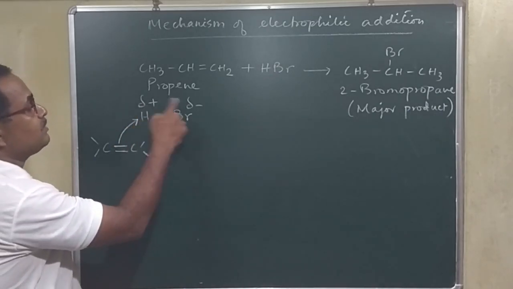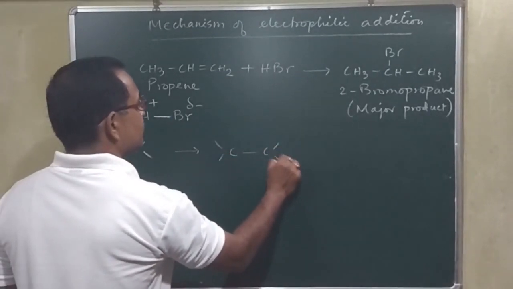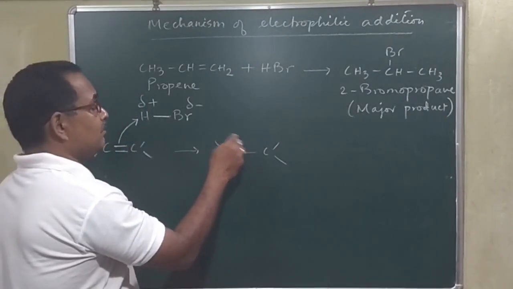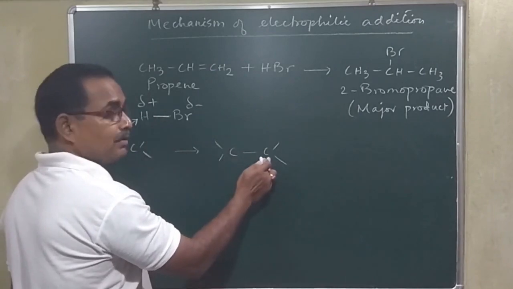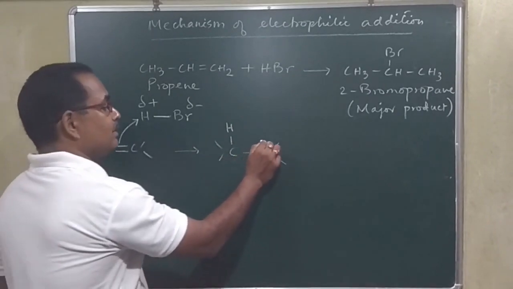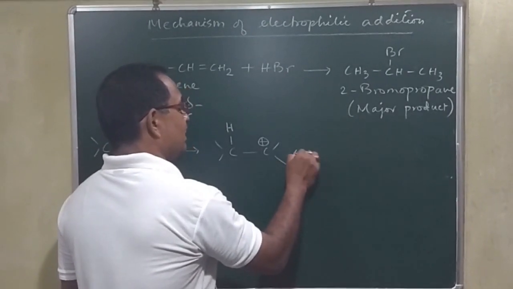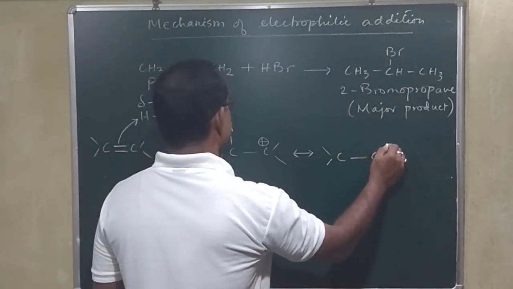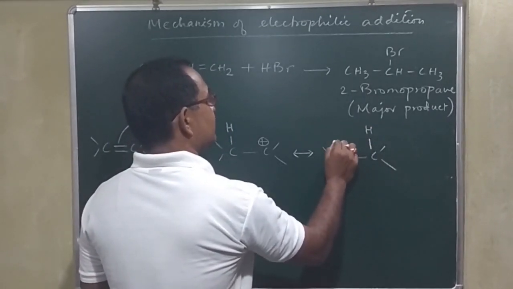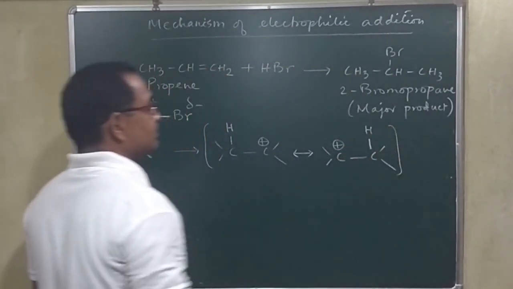As a result, this hydrogen could make a bond with either this carbon or with this carbon. If hydrogen forms a bond with this carbon, this carbon will be positive. Otherwise, if hydrogen forms a bond with this carbon, then this carbon will be positive. So such an arrangement will be obtained.